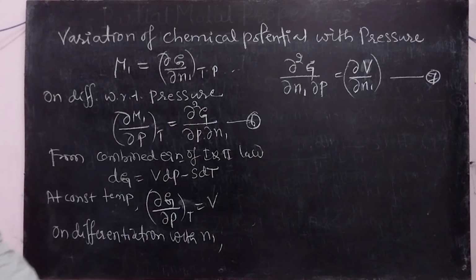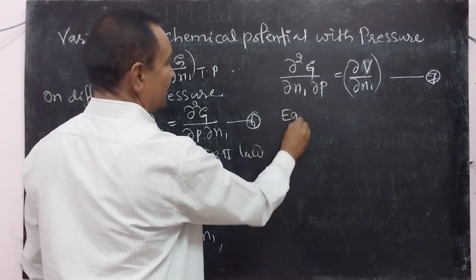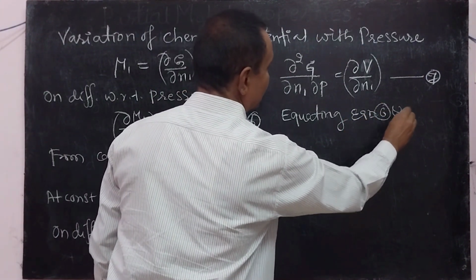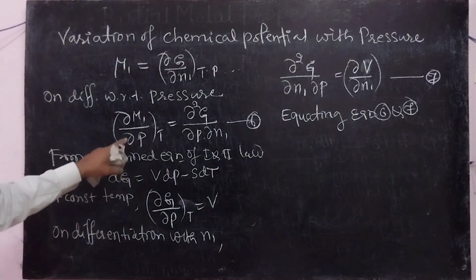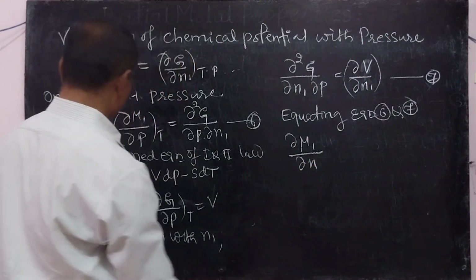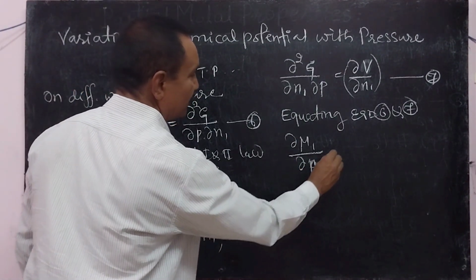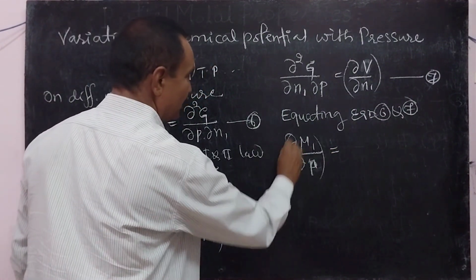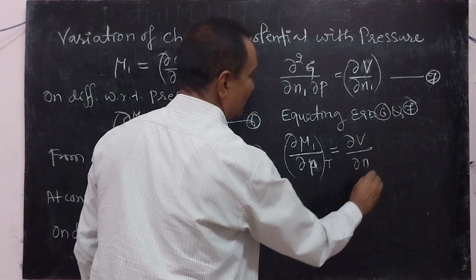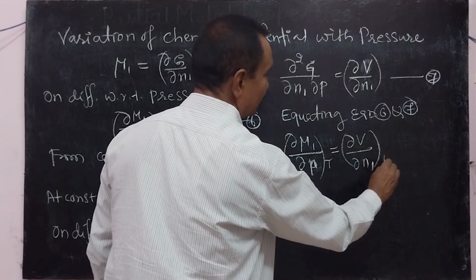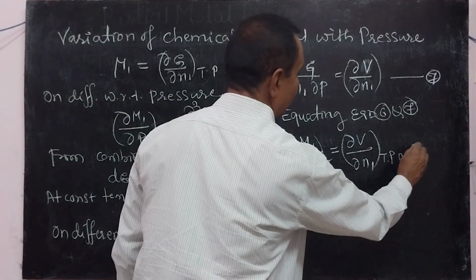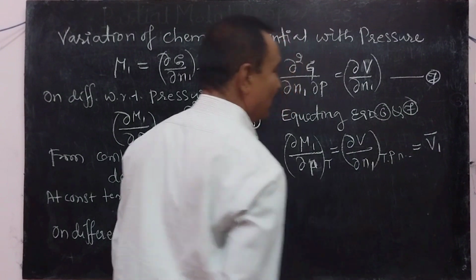Then equating equations 6 and 7, we get dou mu1 divided by dou P at constant temperature equal to dou V divided by dou N1 at constant temperature, pressure and N etc. This is nothing but V1 bar.